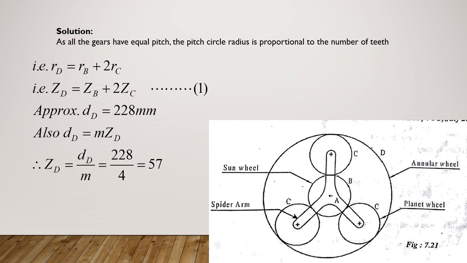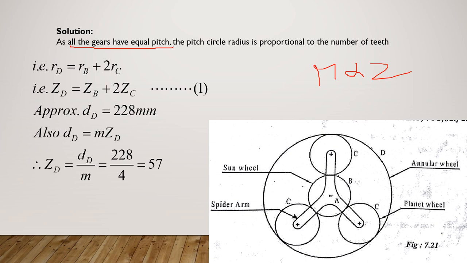So first, since the statement is given in the problem that all gears have same pitch, the pitch circle radius is proportional to number of teeth. Whenever they have same pitch, it is understood that R is proportional to Z. If this statement is there, equal pitch, then R is proportional to Z. So see the relation.